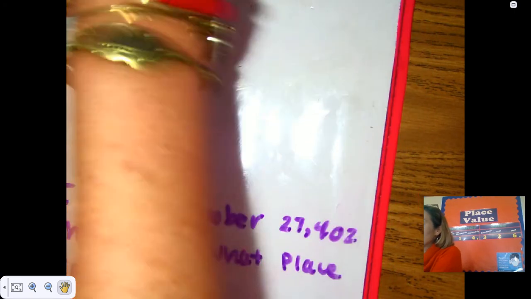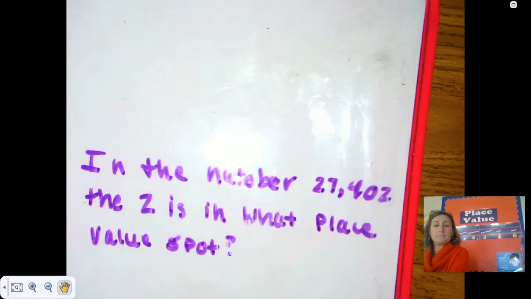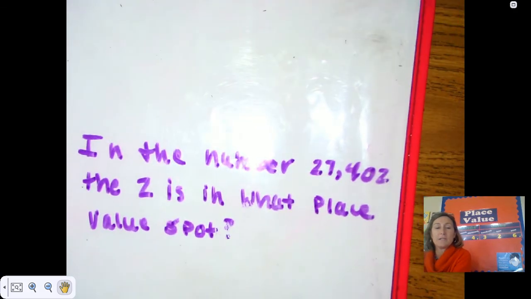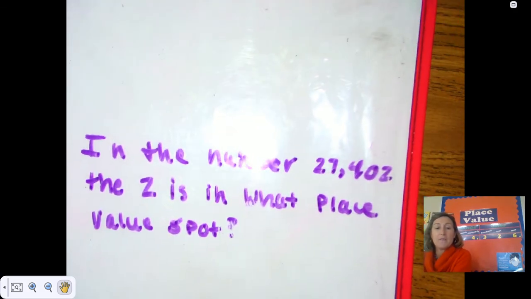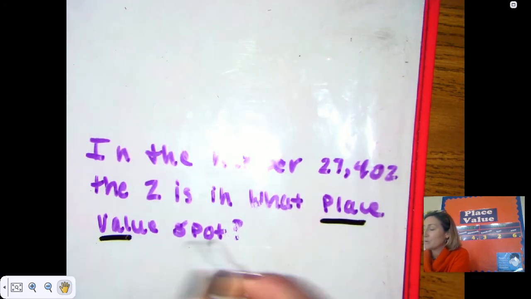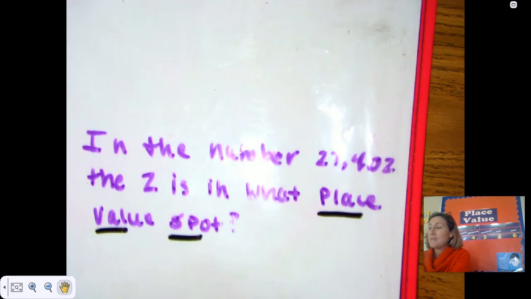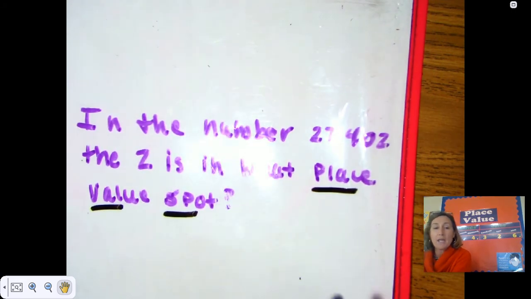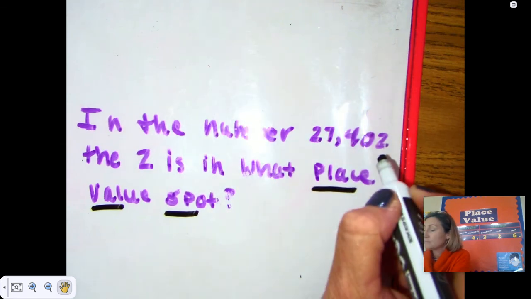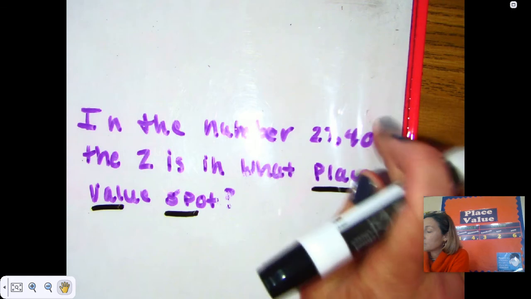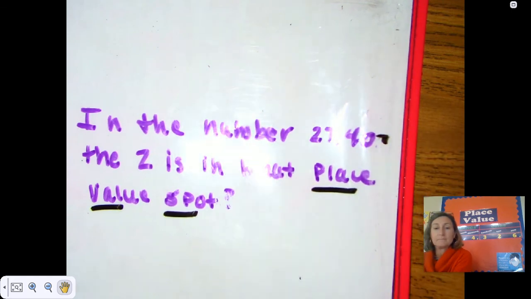Okay, scoot that up a little bit. All right, in the number 27,402, the 2 is in what place value spot? Okay, that means on our place value chart, where is the 2? Oh, let's make this a 7.